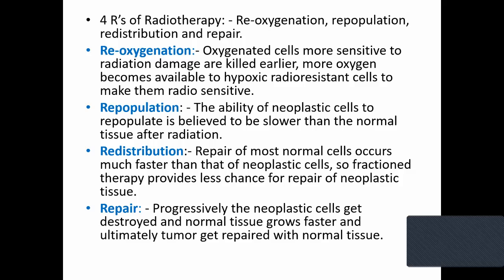So gradually the number of tumor cells is decreasing and the number of healthy cells is increasing. So that is redistribution. The area that is affected with the tumor gets redistributed with normal cells and tumor cells. And finally, at different stages of the treatment, gradually the tumor cells decrease and are completely replaced by the normal cells.